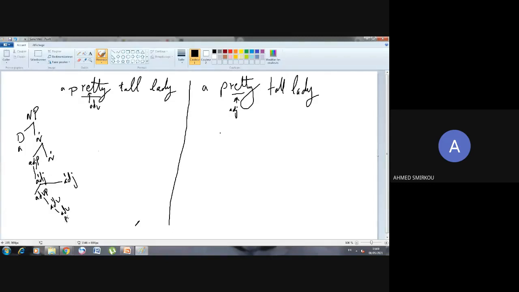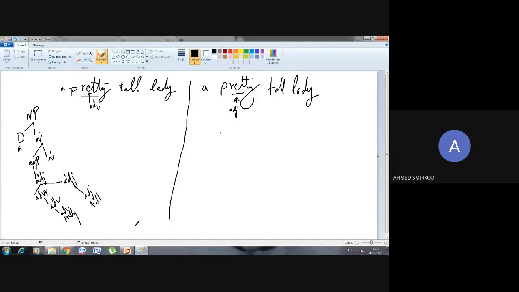So this is a very interesting rule: whenever you have an adverb preceding an adjective, it must be sister to adjective bar and dominated by an adjective bar. And we continue here: adjective, which is tall.